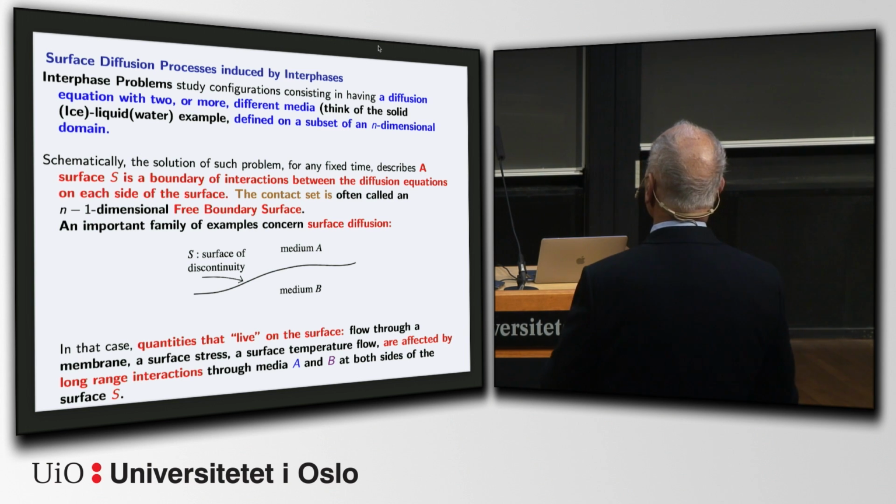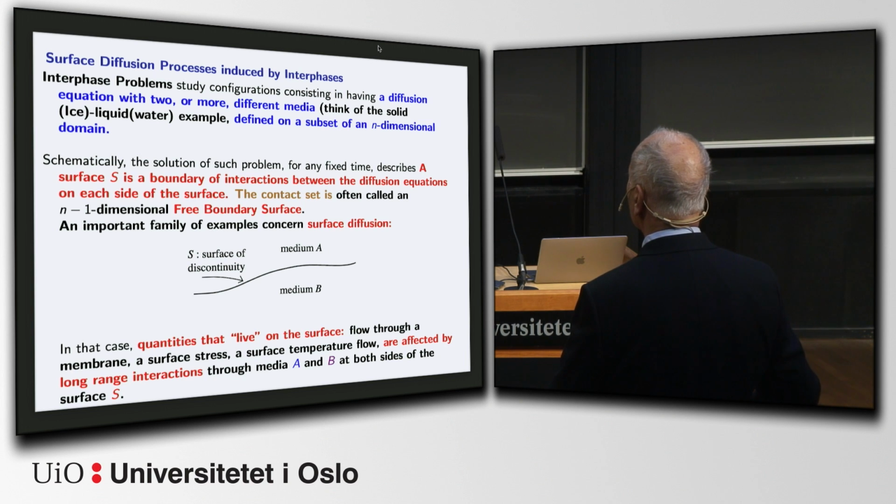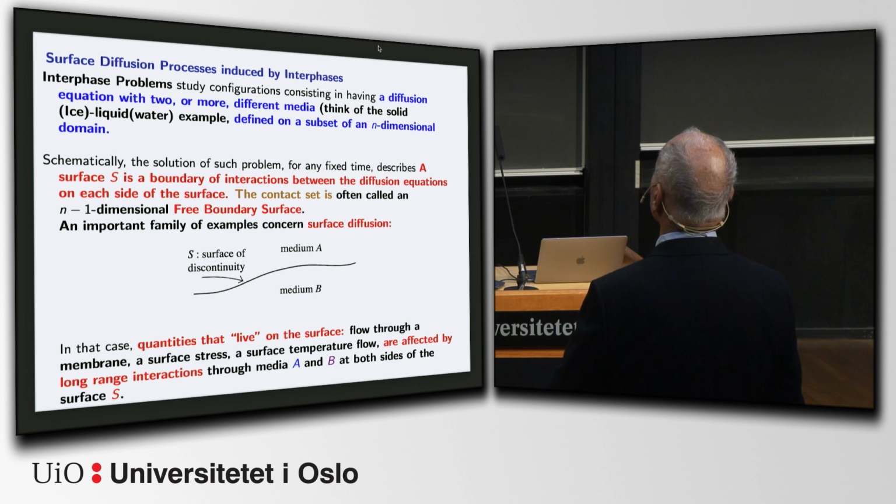Okay. Schematically, the solution of such a problem, that is, you have the melting, then schematically the solution of such a problem for any fixed time describes a surface S, a boundary of interaction between the diffusion equations on each of the sides.